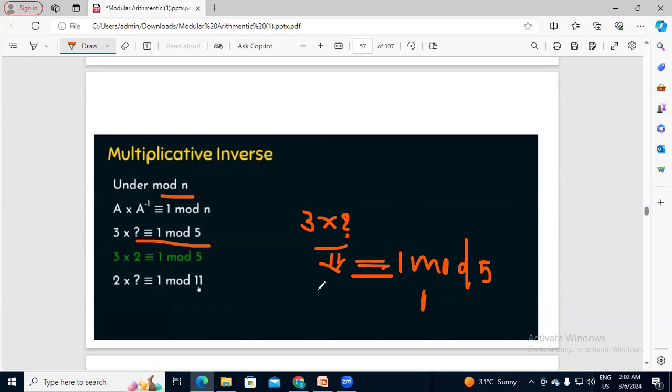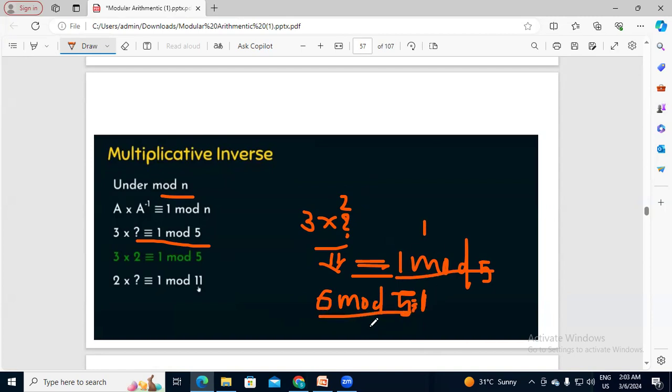If I do 3 into 2, sorry, my mistake. 3 into 2 किया तो you will be getting 6. यहाँ पे आपने नंबर डाला 2. So 3 into 2 is 6. So 6 mod 5, रिजल्ट क्या आ रहा है? 1. हाँ, 1 mod 5 का रिजल्ट भी क्या है? 1.